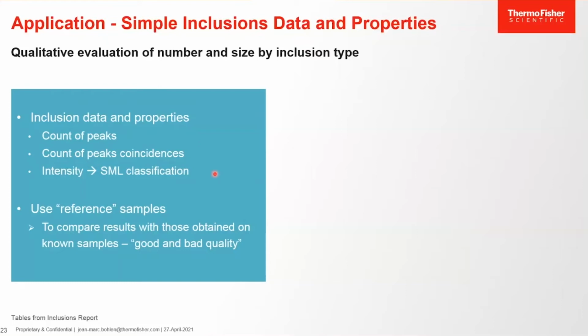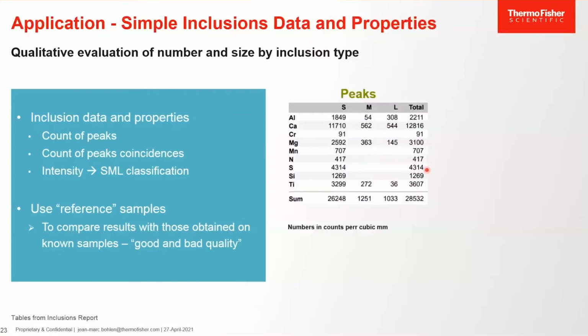The normal way to work with this kind of data is to use reference samples. In other words, compare results with those obtained on known samples, typically good ones and bad ones, in terms of the inclusion content. You have here an example of determination of number of peaks for low alloy steel samples.